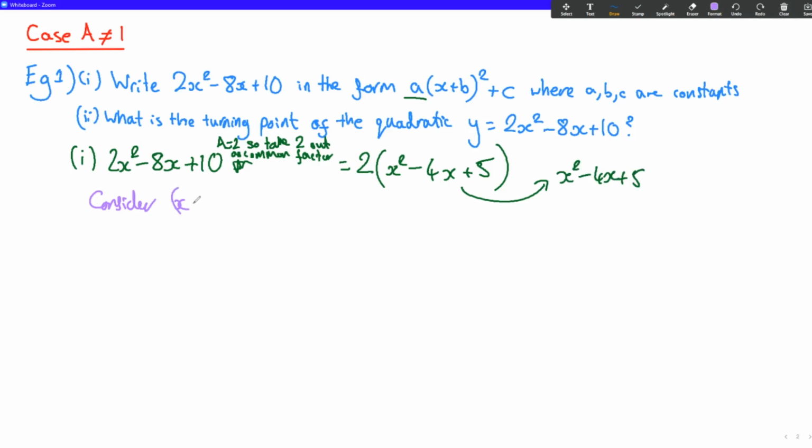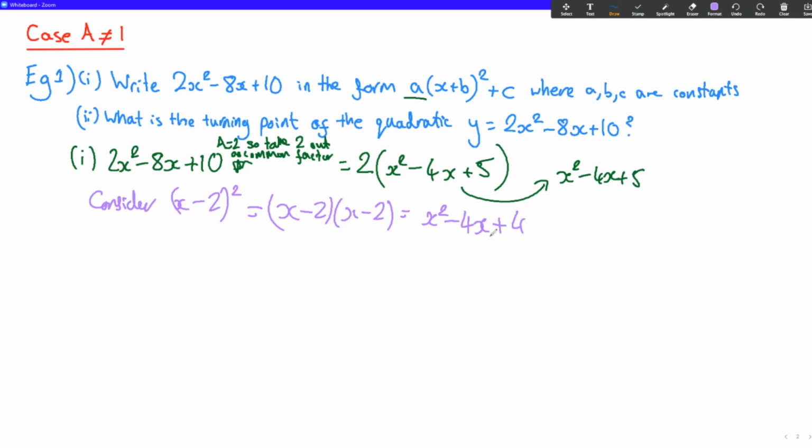So we need to consider x minus 2 squared, because remember, we divide b by 2 and our b is minus 4 right now, so that's what we get. And if we expand that out, first let's write it like this, and now if we expand that out, we get x squared minus 4x plus 4. I've done the simplification process as well.